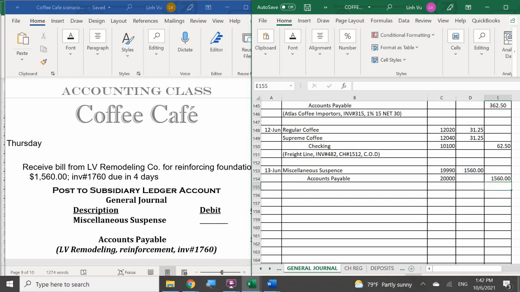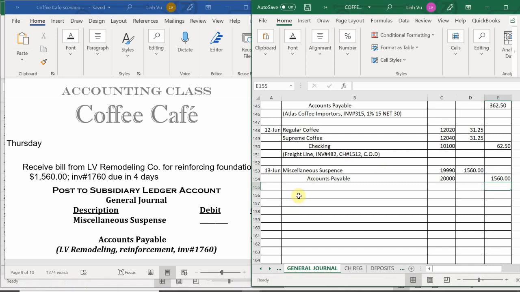So we have all the information that we need in order to write our description. Who did we receive this bill from? LV Remodeling Co. The invoice is 1760.